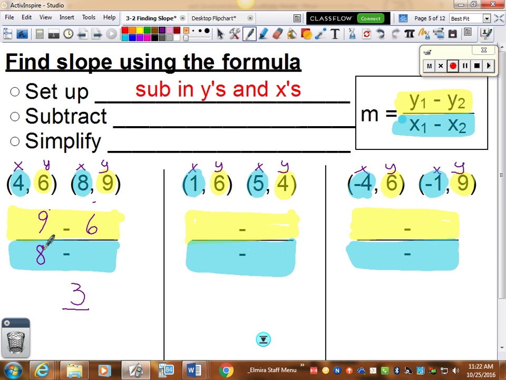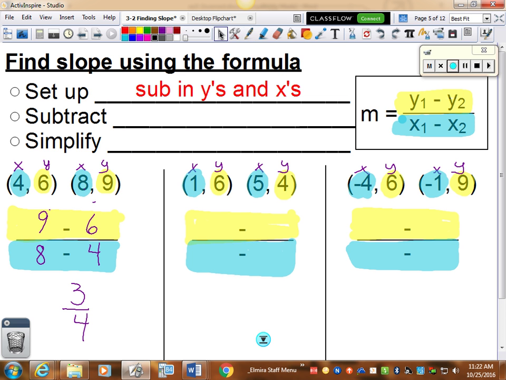I don't have a choice. Even if I get a negative answer, I have to keep the same numbers. If they're in parentheses here, they have to be in parentheses in the slope formula together. So 6 and 4, 4 and 6, they are together, so they must be together in the fraction. So 9 take away 6 is 3, 8 take away 4 is 4.